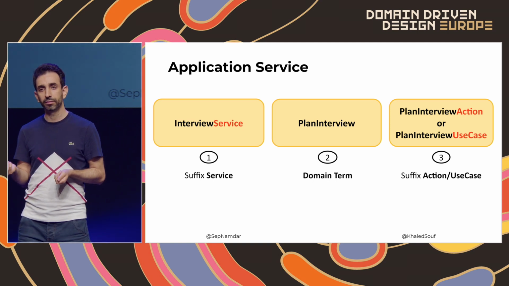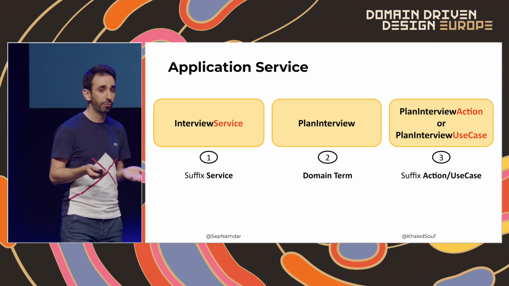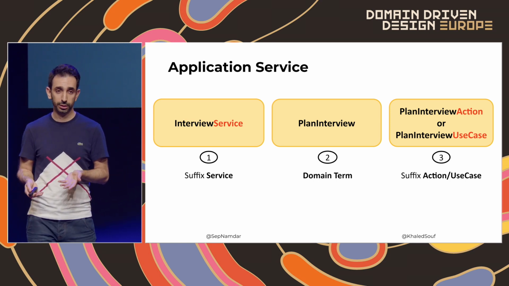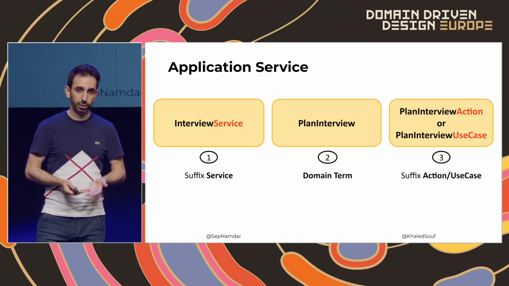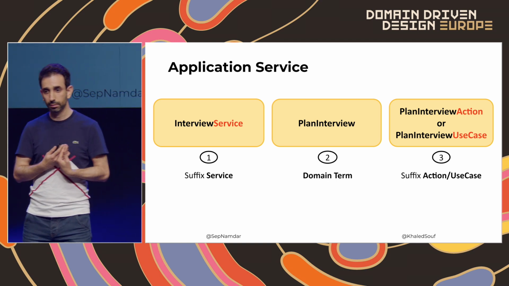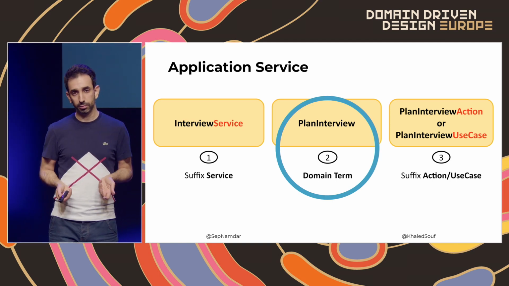An application service is somewhere that we can find the scenario of our use cases. Okay, so even if in the architecture it's not a part of my domain, the names that I choose are more domain terms. Why?